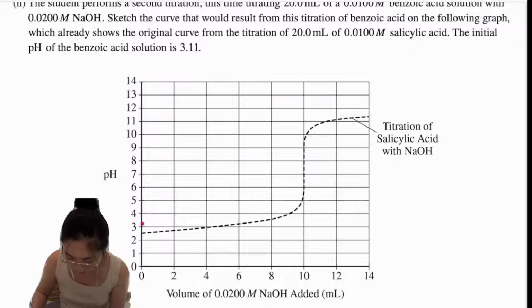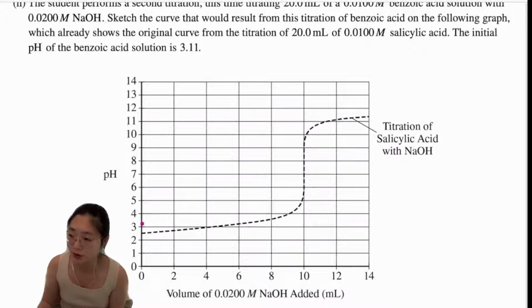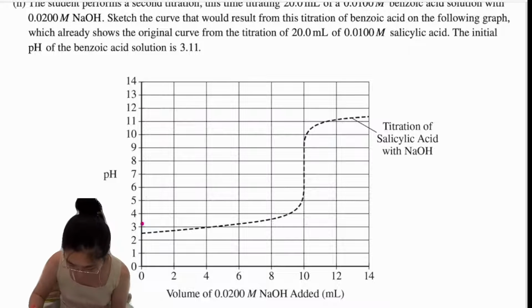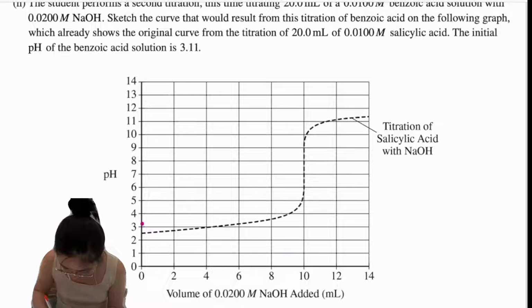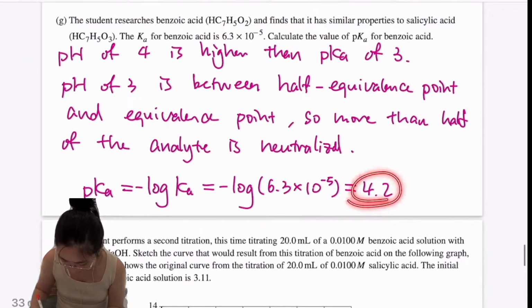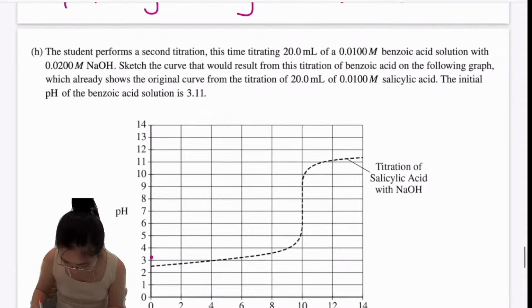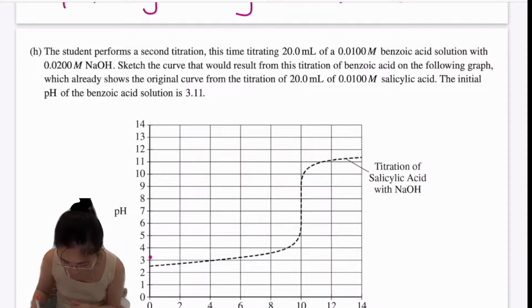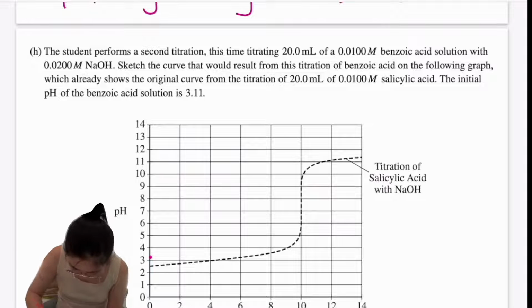At the half equivalence point, the pH value is equal to the pKa value. For the salicylic acid, its pKa value was approximately 3. For the benzoic acid, its pKa value is 4.2, which means at the half equivalence point, its pH value should be 4.2 as well. Okay, right here.